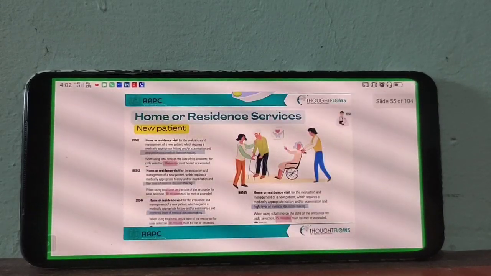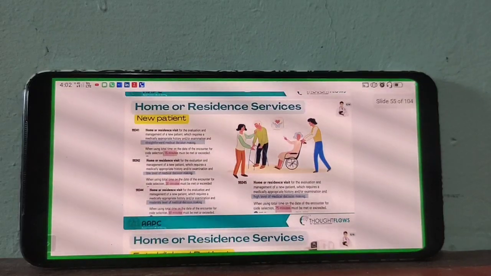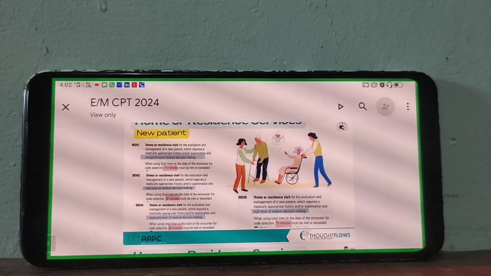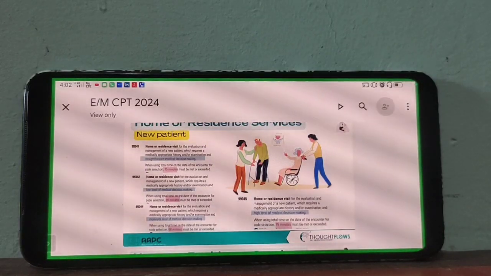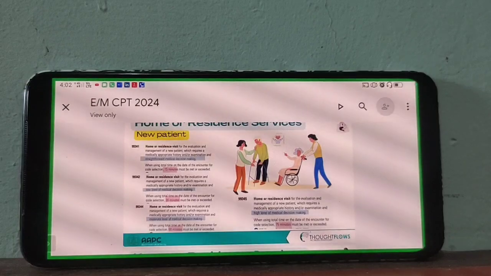We have a classification of new patient and established patient. For new patient: straightforward MDM, 15 minutes of service, 99341. Low MDM, 30 minutes, 99342. Moderate MDM, 60 minutes of service, 99344.